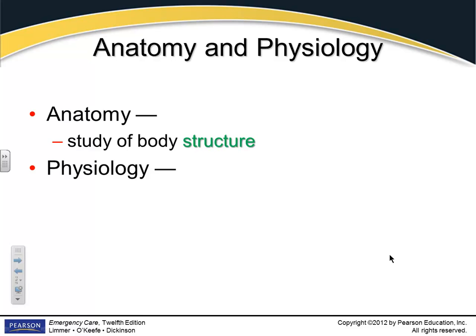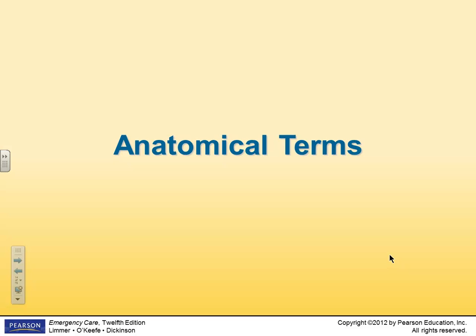What's physiology? How it works. It's going to be the function. Exactly right. So we talk about anatomy and physiology. As I mentioned, we can't cover all of it in here, but we're going to be looking specifically at the disorders that we're most interested in. So anatomy is going to be the study of the structure of the body, and physiology is going to be the function of the body.